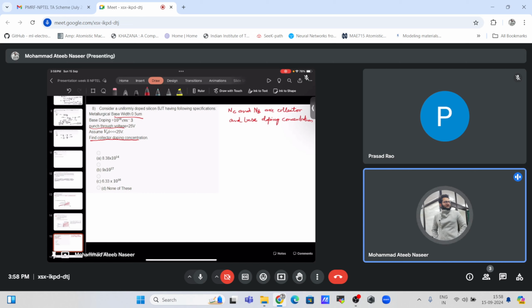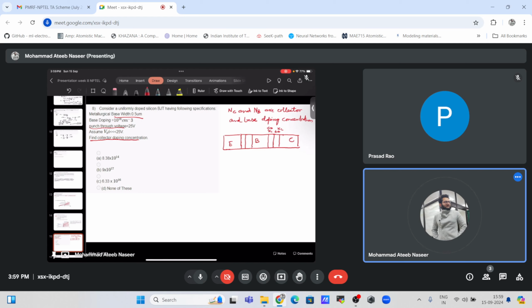Now let me draw it like this: if this is my base and this is my collector, and this is the interface, and this is the depletion width on the base side, and if I draw the emitter as well, this is my emitter.